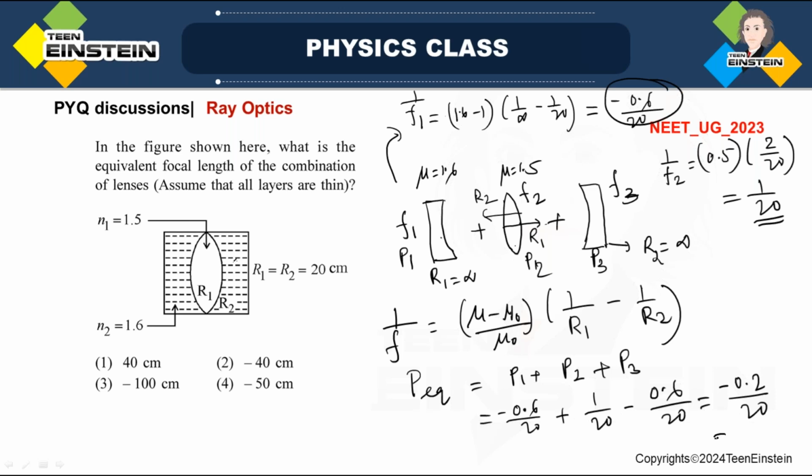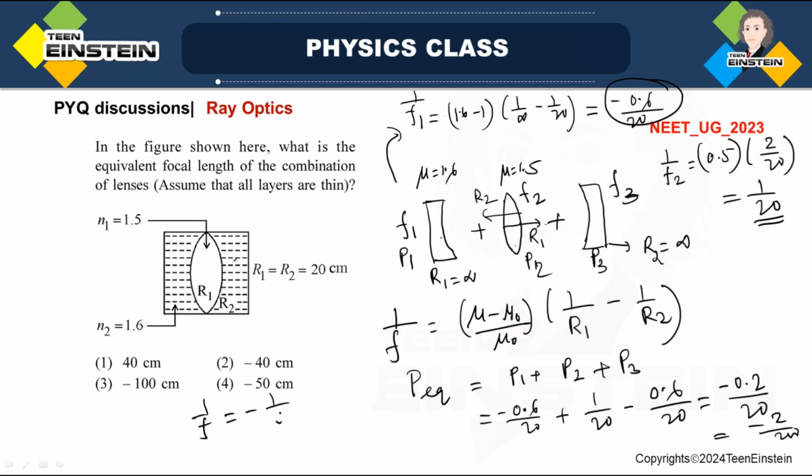That means this is minus 2 by 200, which is 1 over the equivalent focal length, so it will be minus 1 over 100. That means focal length will be minus 100 centimeter. So option 3 will be the correct answer for this question.